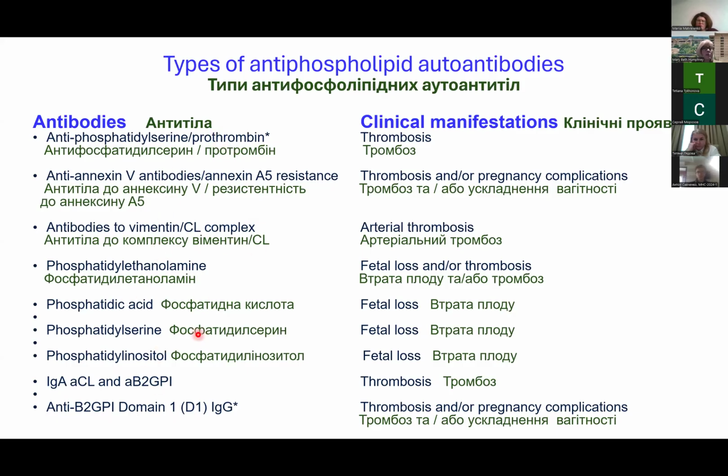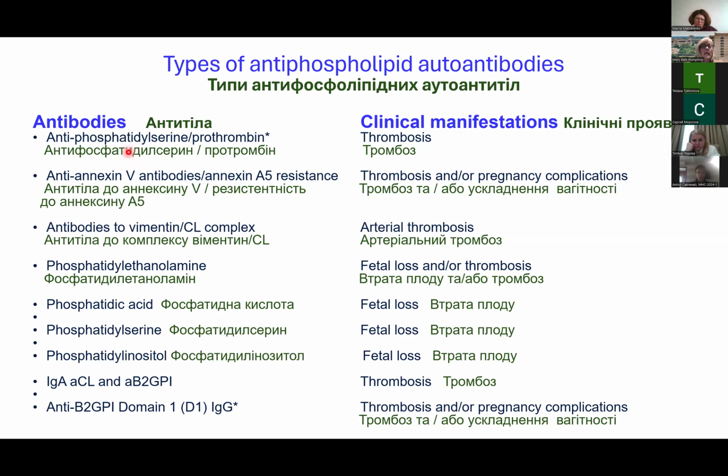You can have one or more of these antibodies, and most of these up here are going to be IgG or IgM antibodies. But if you have a high titer IgA antibody, it can also cause disease.